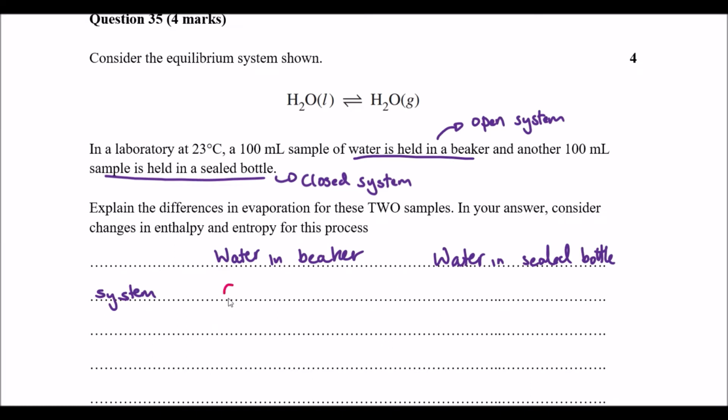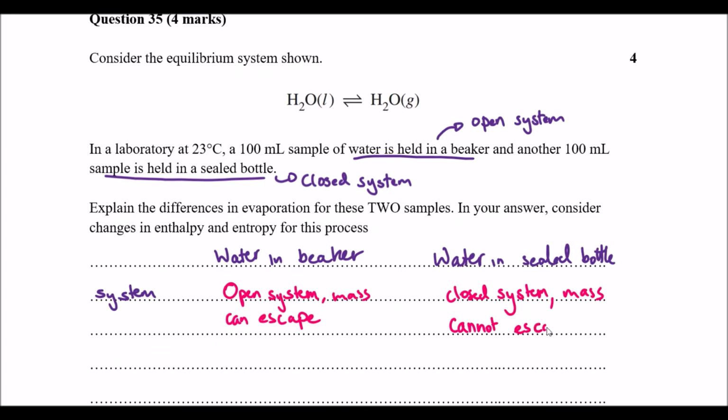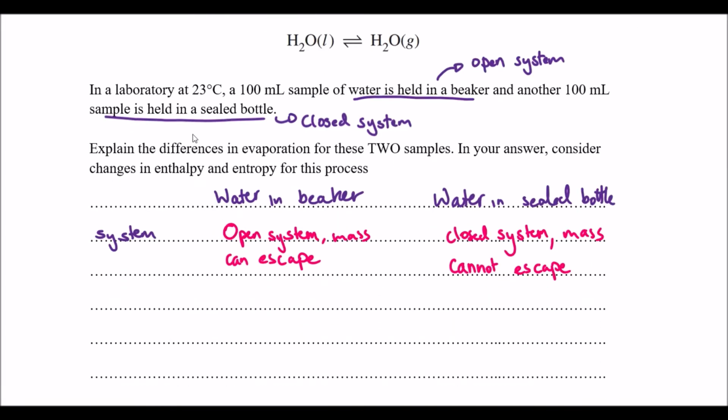We have an open system, mass can escape, and here we have a closed system, mass cannot escape. Okay, so that's the system differences.